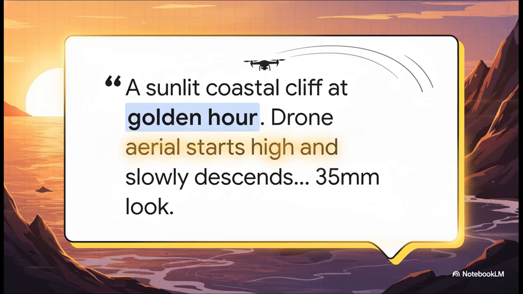Drone aerial starts high and slowly descends, and then it adds 35mm look. You see what's happening here? We've got our subject, the cliff. We've got our lighting, golden hour. The camera work is super specific, a descending drone shot. And the style, that classic 35mm look. Every single component of our formula is right here, working together to create one specific epic shot.